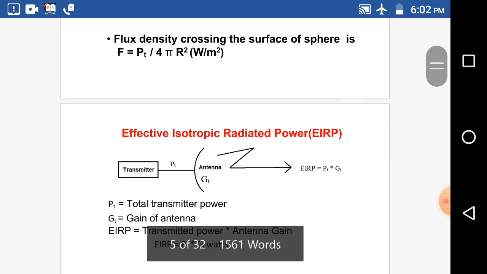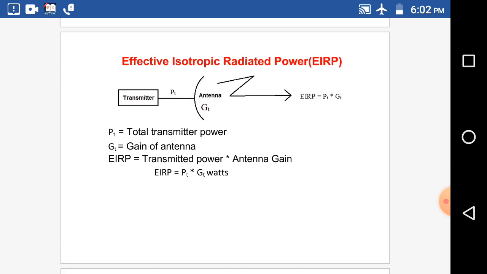Second parameter in a link equation is nothing but effective isotropic radiated power, denoted by EIRP. For this parameter, let us assume a given figure. Transmitter transmits the PT power through the antenna. Antenna is a directional antenna whose gain is GT.